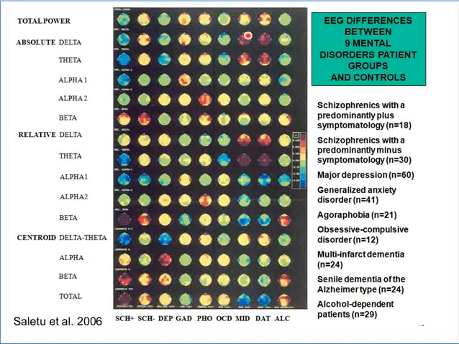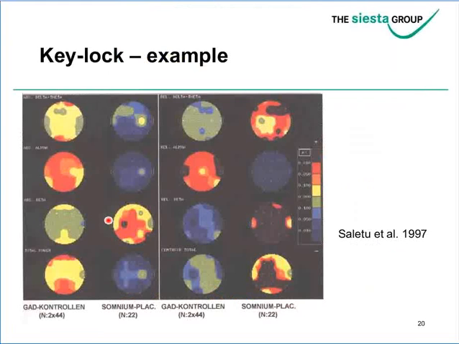Some of them exhibit certain increases in certain bands as compared to controls, and decreases in other frequency bands as compared to controls. So again, you see a typical pattern characterizing each disorder, which can then be matched with the patterns that the drugs show vis-a-vis placebo. And here's a more concrete example. Here you have generalized anxiety disorder versus controls.